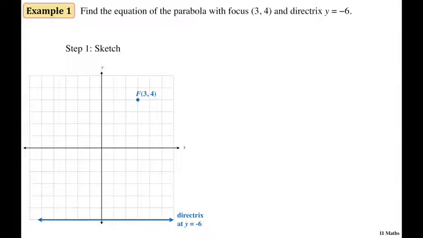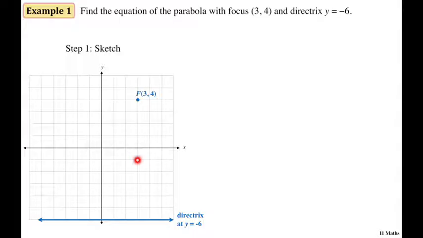Now, the important thing to know is that the focus we've got listed, the directrix we've graphed. If you look from the focus to the directrix using a straight line that's perpendicular to the directrix, halfway between is where the vertex would be for the parabola.